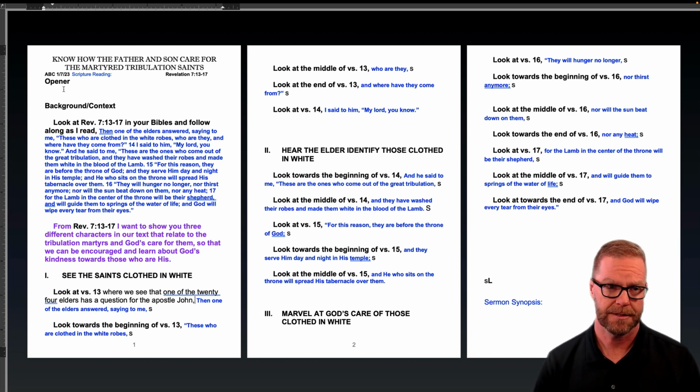So for instance, I might say something to this effect. In chapter 6, we saw that the 6 seal judgments began to be unleashed upon the earth, and we ended chapter 6 with the 6th seal. Then in chapter 7, we have an interlude.